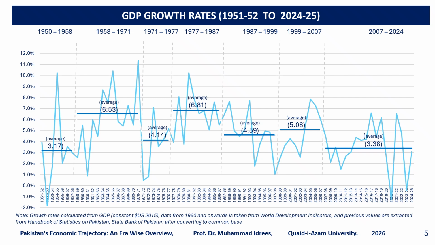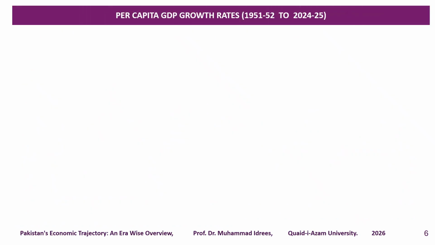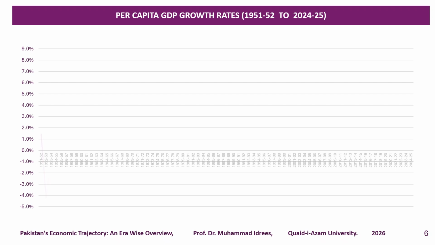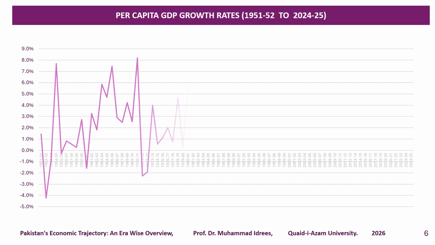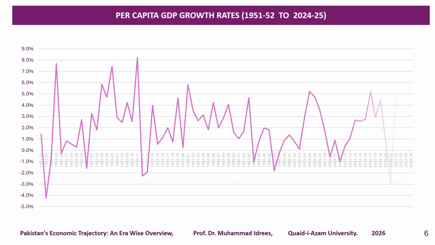Now we will look at the figures of growth rate in GDP per capita. Again, almost a similar pattern, that the growth rates of GDP per capita income are fluctuating. We don't have any clear rising trend.